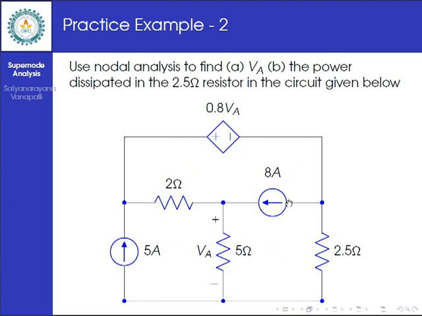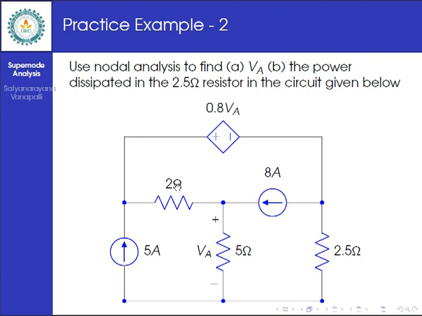In practice example 2, I have included a voltage dependent voltage source connected between two nodes. In this example also, you take the bottom node as the reference node and try to find out the voltage value VA and the power dissipated in the 2.5 ohm resistance.